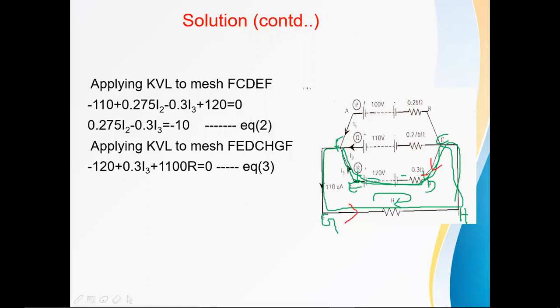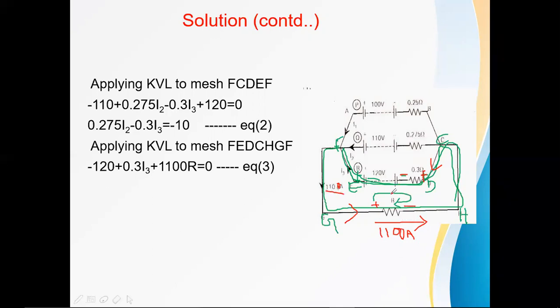Then my signs are going to be decided across my resistance. Here, this is the sign of plus and minus. How much current is flowing through this branch? 1100 amps of current. So no need to assume the current across this resistance. The current is already given in the question itself as 1100 amps.